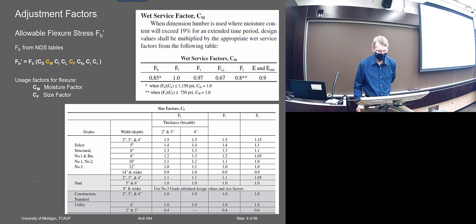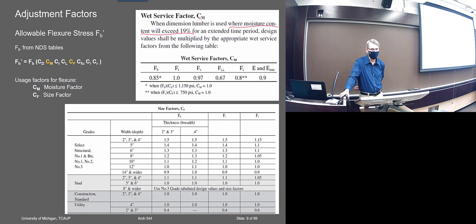So right in front of the table that would have the values for dimension lumber, they'll give this CM, and it only applies where the moisture content exceeds 19%. So usually that's quite a bit of moisture. Usually you would not.